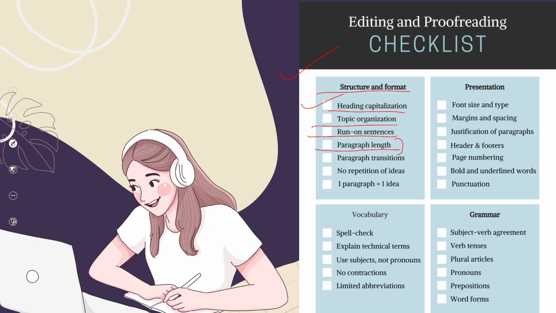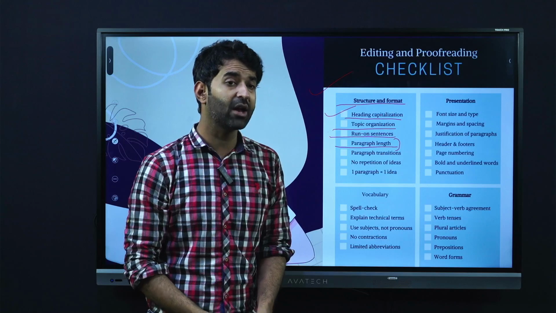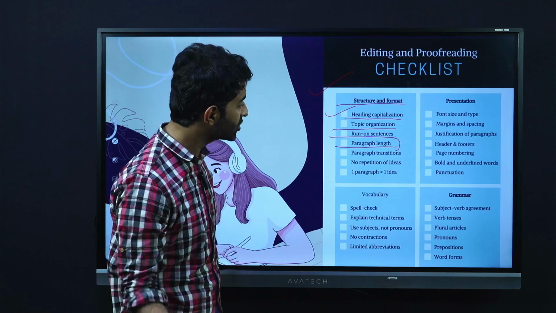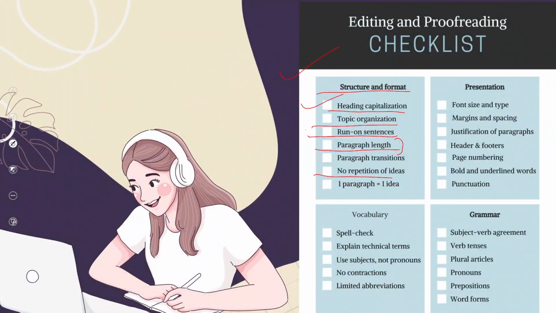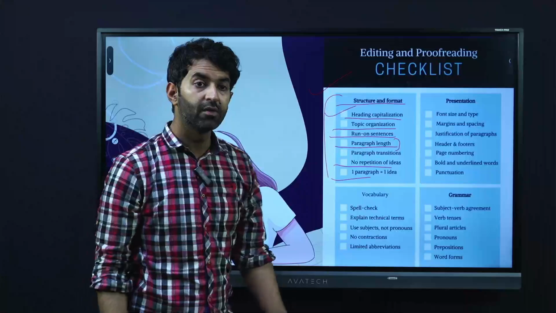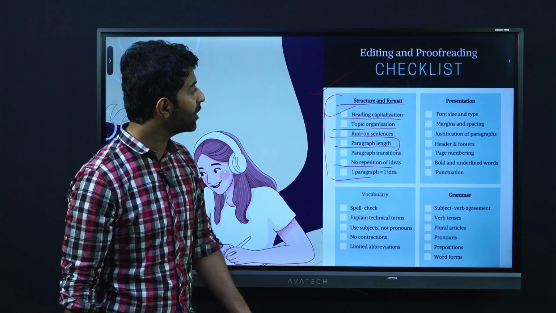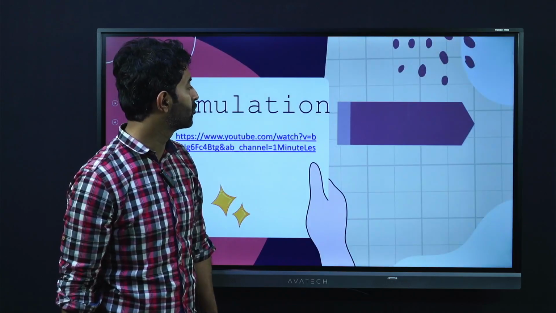If I'm assigned a paragraph of 300 words, if I'm writing 800 words, then this will not be according to the instructions. No repetitions, one paragraph should be delivering one idea. Similarly, all these other columns that you are seeing over here represent your checklist. So you need to make a checklist, and then only you can submit your written work.